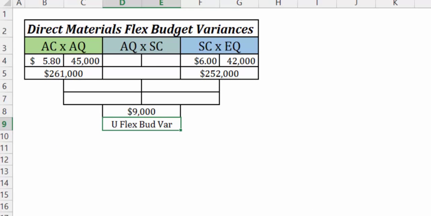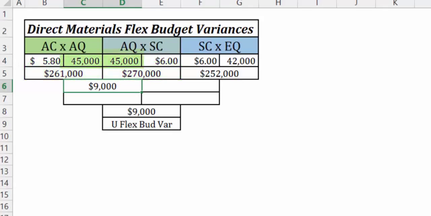We haven't learned anything new yet, but let's go ahead and do the third budget. This third budget doesn't have a name, it's just a third budget. We're going to pick up the actual quantity of 45,000 yards and the standard cost of $6 a yard. Multiply those two values together for $270,000. The left value is the difference between the actual results and the third budget.